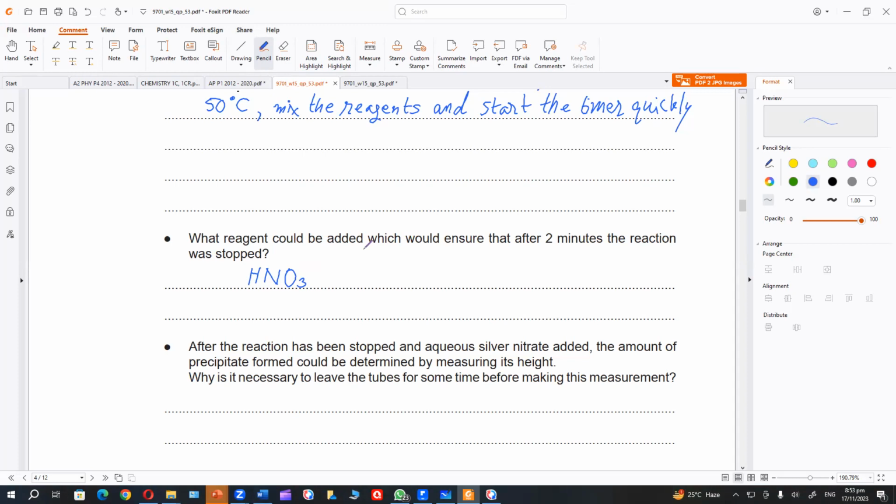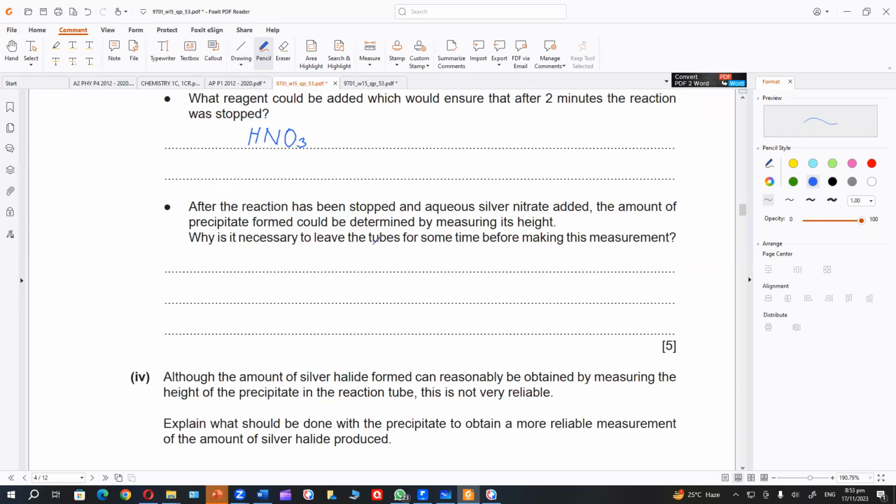After the reaction has been stopped and aqueous silver nitrate added, the amount of precipitate formed could be determined by measuring its height. Why is it necessary to leave the tube for some time before making this measurement? So why don't we immediately measure the height? Why should we wait?